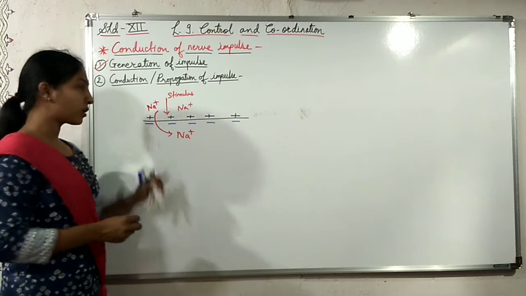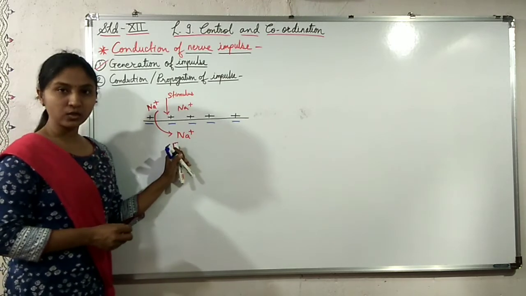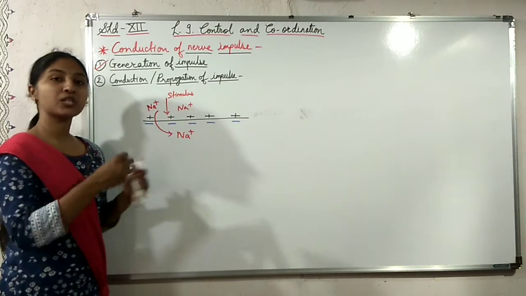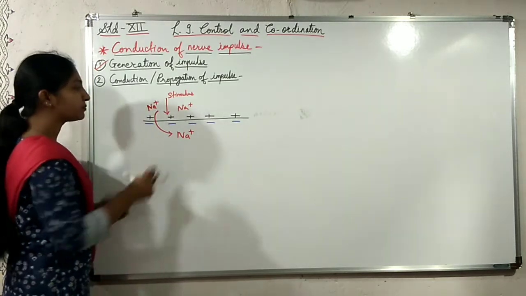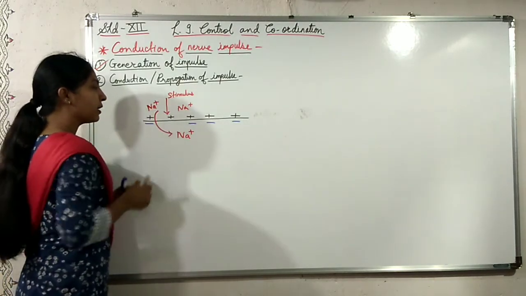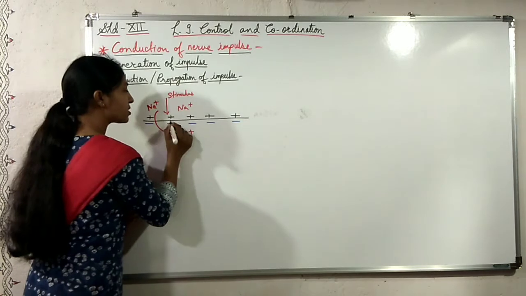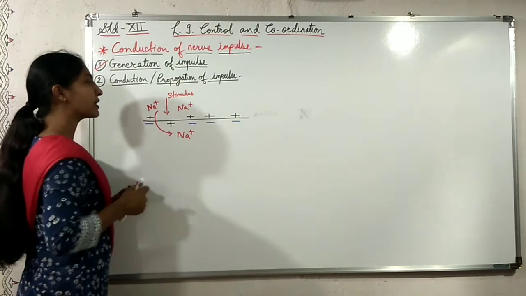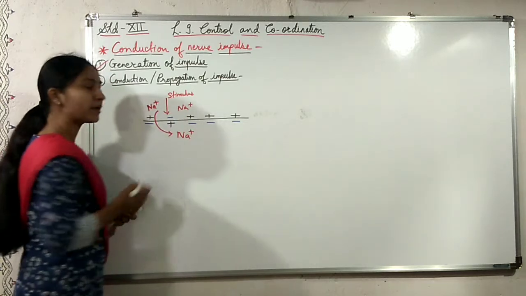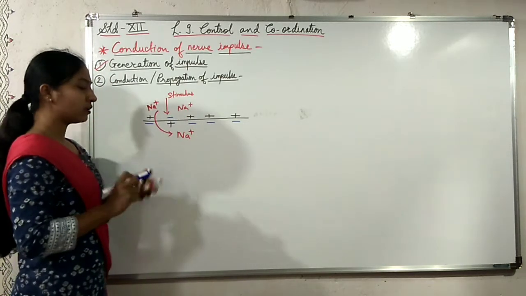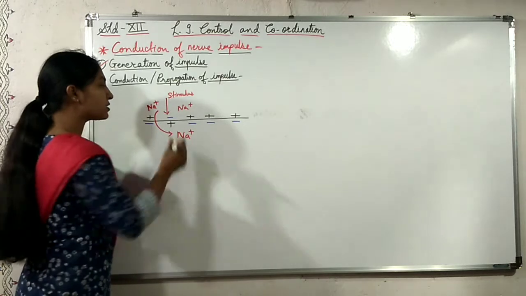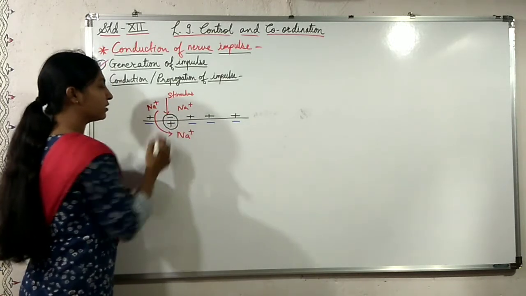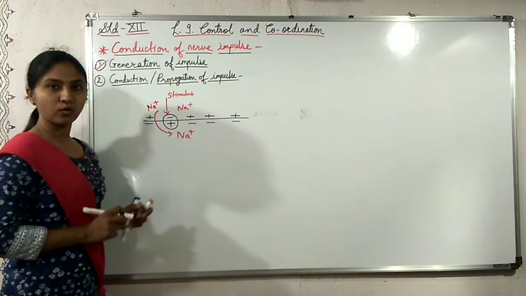But when the sodium ions move inside the neuroplasm, the charges change. Now the inner side becomes positive and the outer side of the membrane becomes negative. Here we said that the nervous impulse was generated.